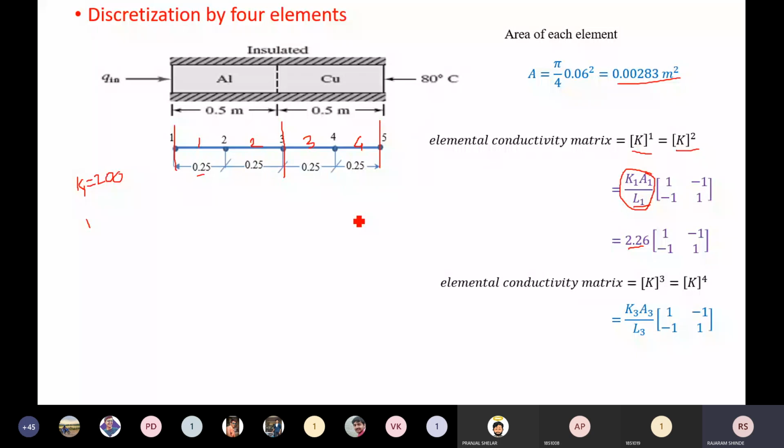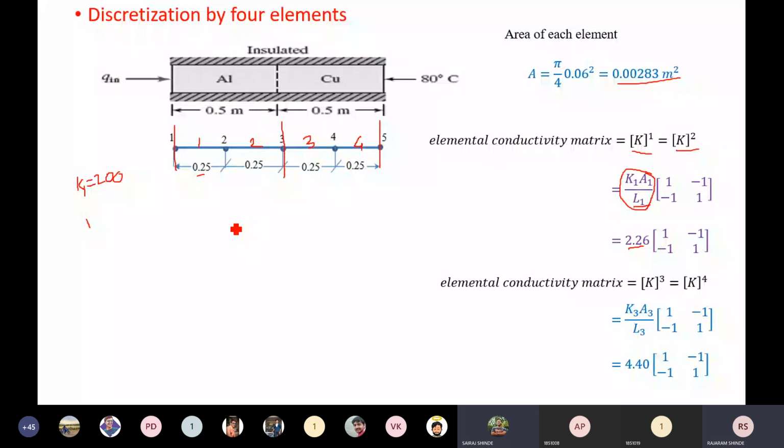What is K3? K3 is, I think, 289. Now you check whether it is correct. Yes or no? This is the conductivity matrix of the third element. It is correct, na?